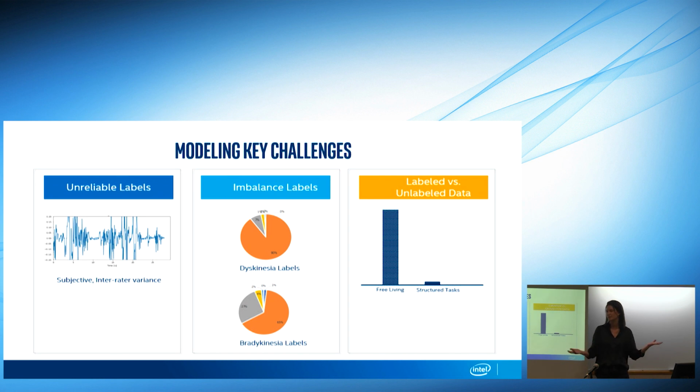And the third is the fact that the majority of the data that we have is obviously unlabeled. I talked about the tasks that are collected in clinic versus the passive free-living data that is collected from home. Obviously, we have significantly more data that is unlabeled than labeled.